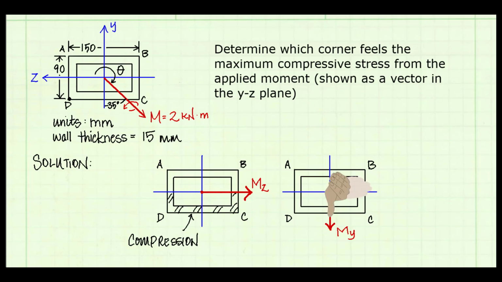Applying the right-hand rule, our fingers pull on the right side of the cross-section and curl around and push on the left side. Thus, the left side of the cross-section is in compression. There is only one corner that feels compression in both scenarios. Therefore, corner D will be the corner that feels the maximum compressive stress from the applied moment.